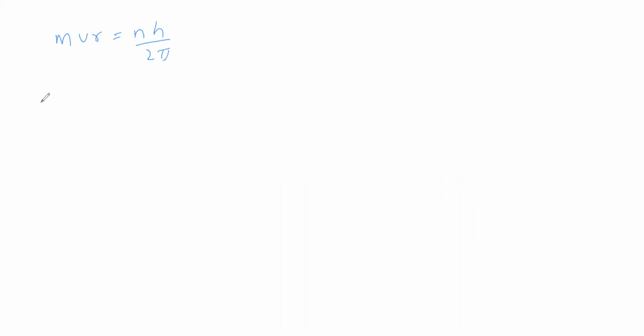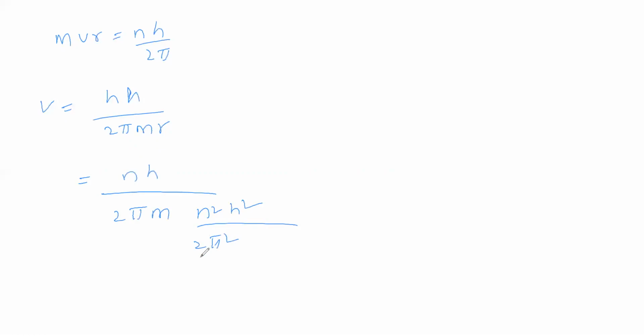So v is equal to nh by 2 pi mr. We substitute r, so nh by 2 pi m, where r is n square h square by 4 pi square m z k e square. This is the formula. Now we cancel the common terms, nh, then m, pi also.